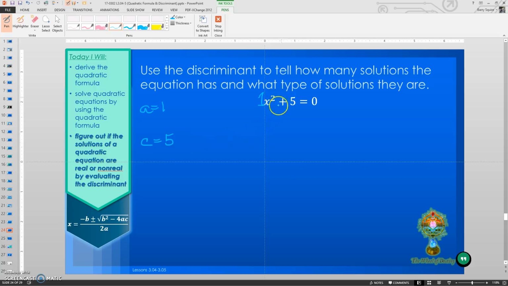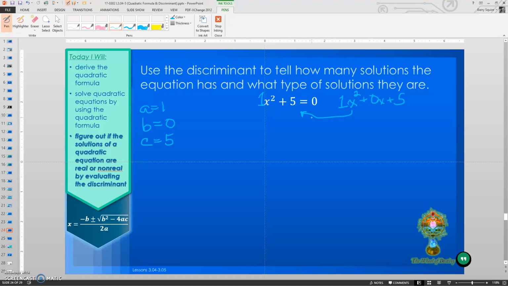But what is our b value? It's 0, because 0 times x is 0. So we could say that this is actually 1x squared plus 0x plus 5, which will all simplify down to that.